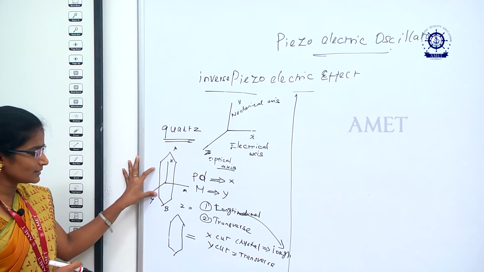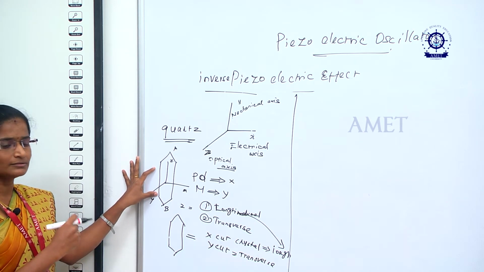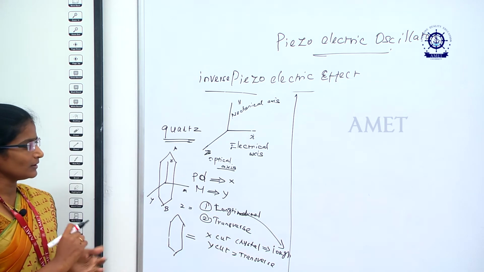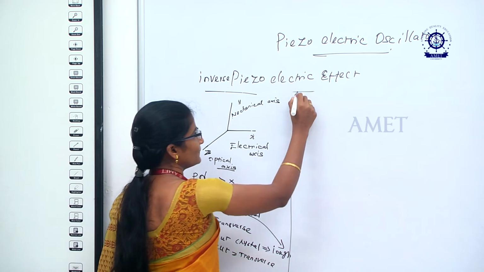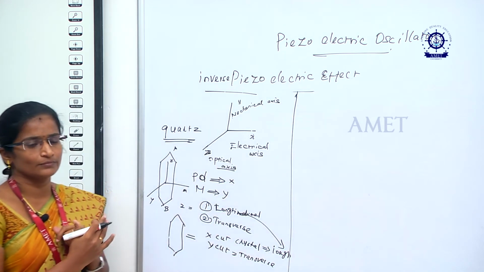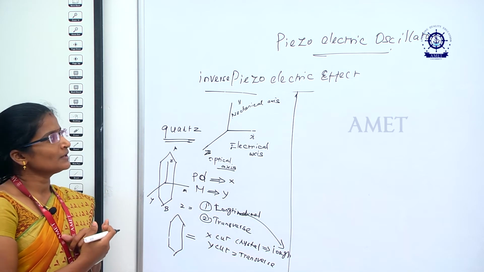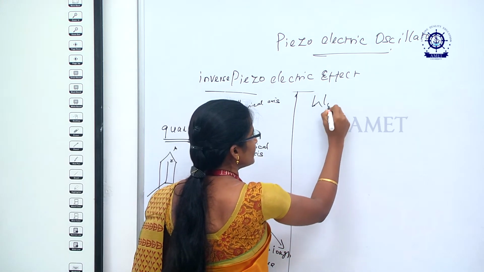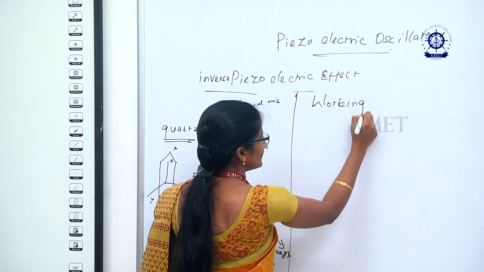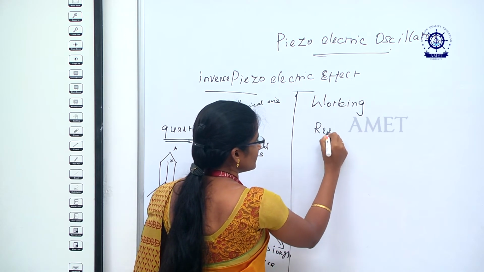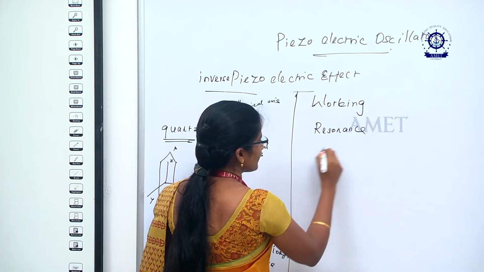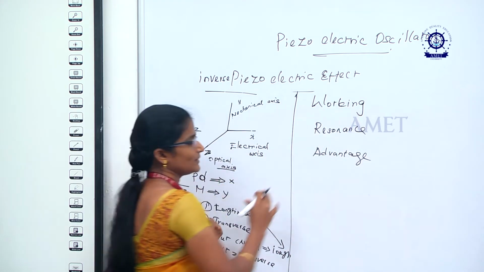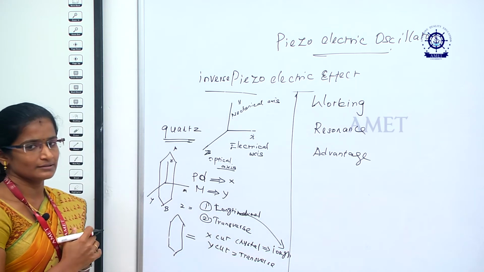The quartz crystal is the main thing for producing ultrasonic waves in the piezoelectric oscillator. Then the construction, the working condition, when resonance occurs, and the advantages of this piezoelectric oscillator are the topics we will see in the next session.